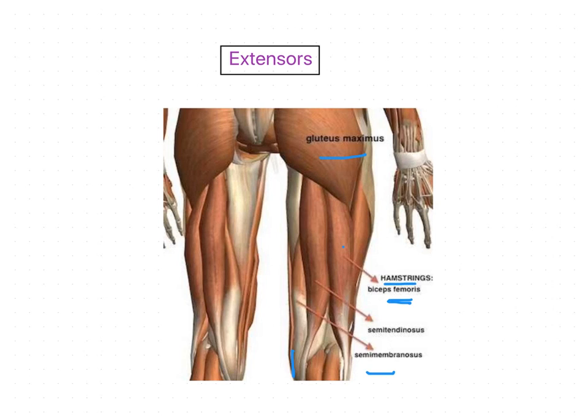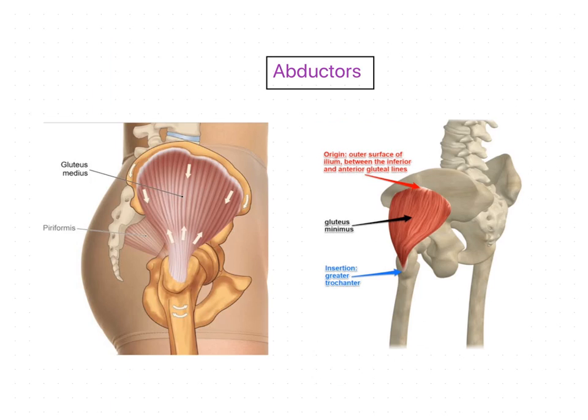So this is all about the extensors. Now we will move on to the abductors. Active abduction of the hip is brought about mainly by the gluteus medius and gluteus minimus muscles.